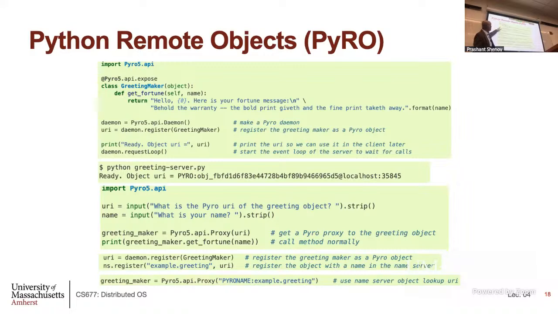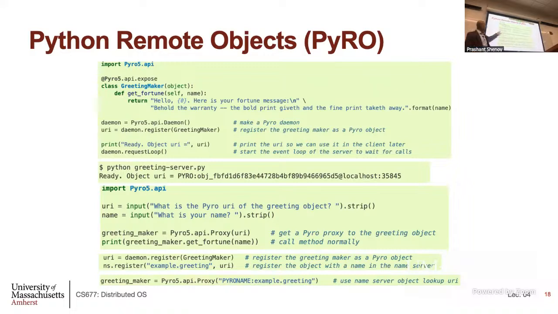So in Python, this is the server code. You have to essentially make it into a server. The way you do this is you make what is called a Pyro daemon, and then you register that greeting maker object with the daemon.